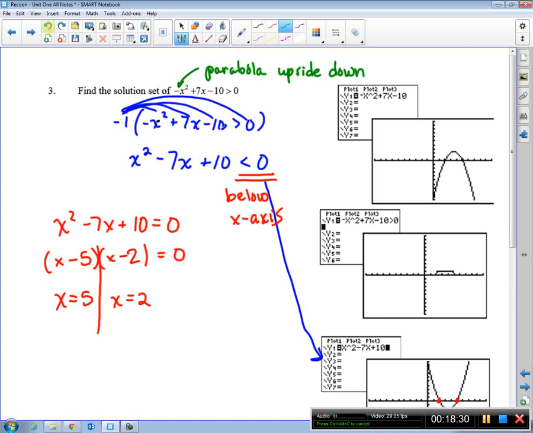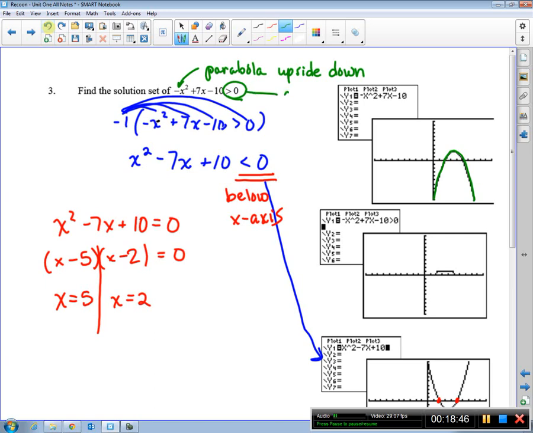So you can see on your calculator you would get a parabola just setting y equal to -x squared plus 7x minus 10.